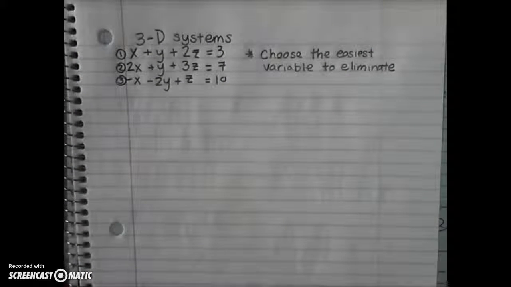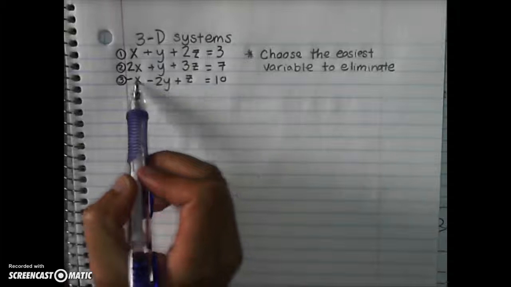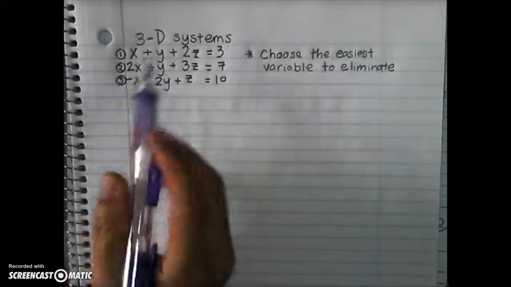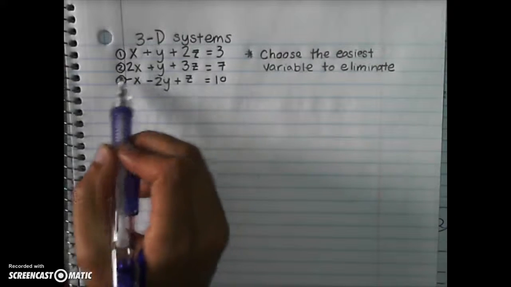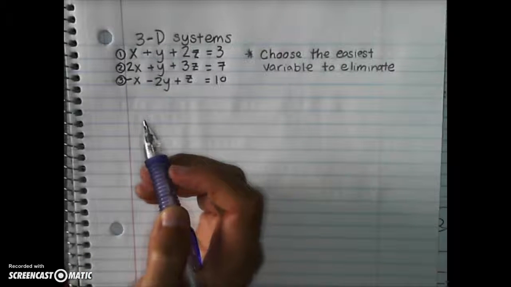And when I'm looking at this, I think the easiest variable to eliminate would be the x's, because these guys are already opposite of each other, so I can just add them and the x's are going to drop off, and then I can multiply this one by 2 and then use elimination again.